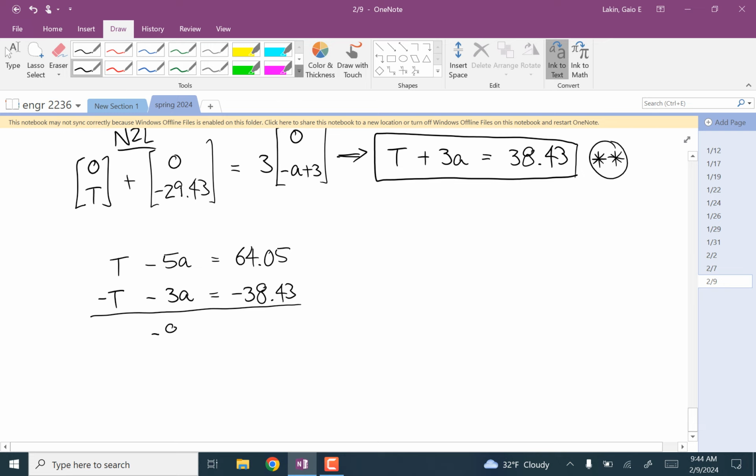And you get that negative 8a is equal to 25.62. So a is equal to negative 3.20 meters per second squared.